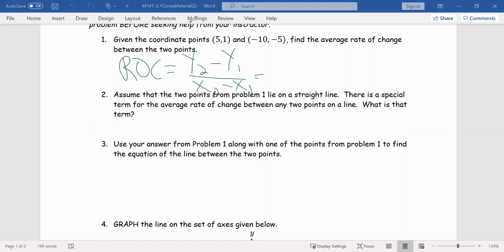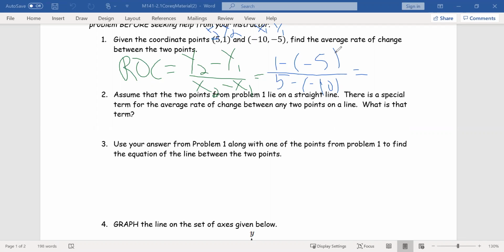And let's see, I'll call the first set here my x2, y2, and the second one here will be the x1, y1. So now if I plug those into the formula, we'll have 1 minus -5, make sure we do the minus minus there, over 5 minus -10.